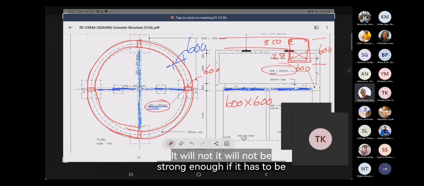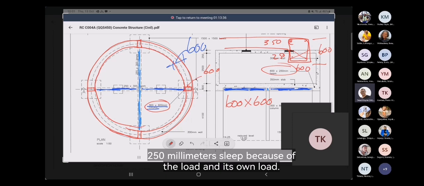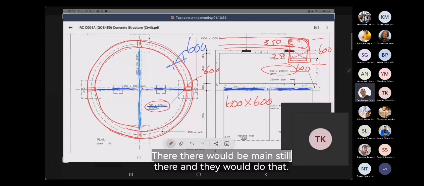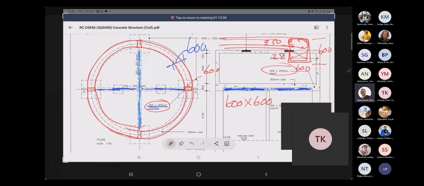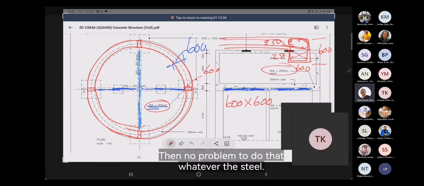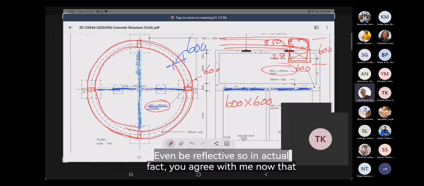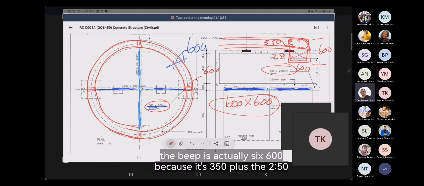It would not be strong enough if it had to be 250 millimeters thick, because under its own load around the circumference there, it would collapse. So the reinforcement would go there, there would be main steel there, no problem to do that, whatever the steel would be reflected in. So in actual fact, you agree with me now that that beam is actually 600 by 600, because 350 plus the 250 gives me the 600.